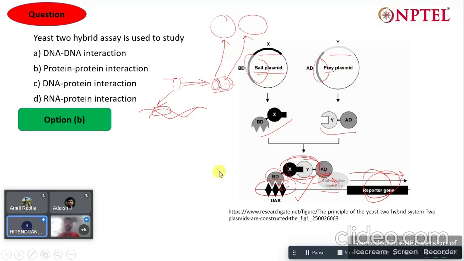So actually what we are doing is, here we have to study whether these two proteins X and Y are interacting after they are translated. Okay, so for this we basically do a translational fusion, such that the X protein is bound to the DNA binding domain, and the Y protein is bound to the activation domain, and if these two interact, then only the reporter gene will be expressed.